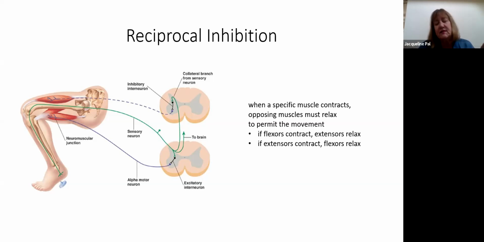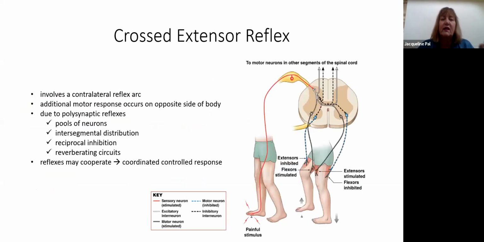But in the case of standing on the tack, in addition to reciprocal inhibition, something else that was occurring is what is called the crossed extensor reflex. Okay. And so this involves a reflex arc on the other side. Okay. So as you can see in the diagram, we have interneurons traveling to the other side of the spinal cord. Okay.